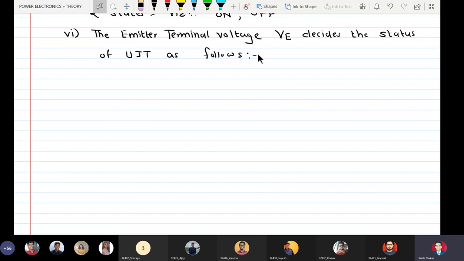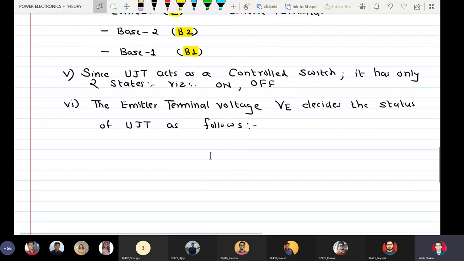as follows. So if you remember that in SCR, if the device current IA is greater than or equal to latching current IL, the SCR will go from forward blocking state to forward conduction state. Similarly, if the device current IA falls below another threshold value called holding current IH, the SCR will fall back to the forward blocking state from forward conduction state.